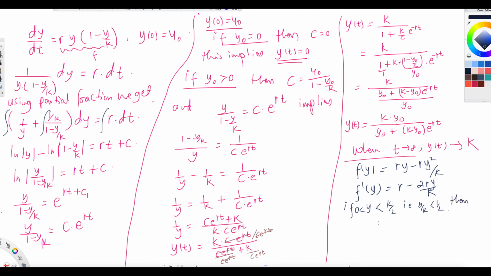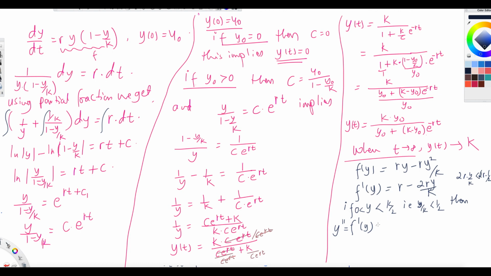Then f prime of y, which is the same as y double prime, because when you find the derivative of y prime, which is f of y, that is f prime of y. In that case, this quantity will be less than r. Why? Because if y over k is less than 1/2, then 2r times y over k is less than 2r times 1/2. The 2 and 2 cancel, so this quantity will be less than r.